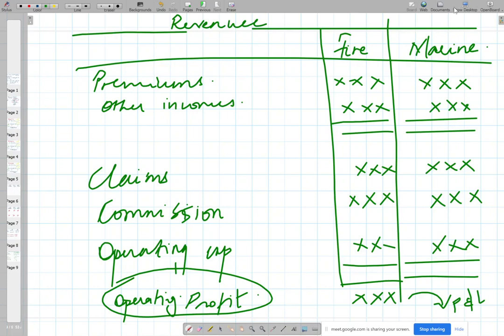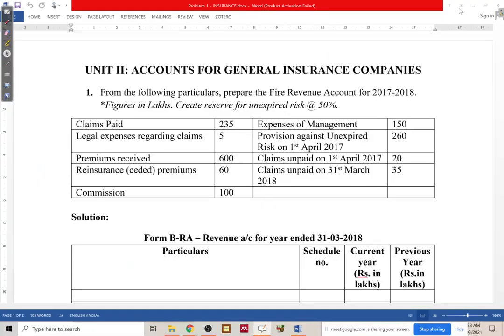For now, at least in this problem, we are only going to look at the preparation of the revenue account. We will come to the profit and loss account later, and the formats will be sent to you all, showing what the revenue account, P&L and the balance sheet of an insurance company look like.